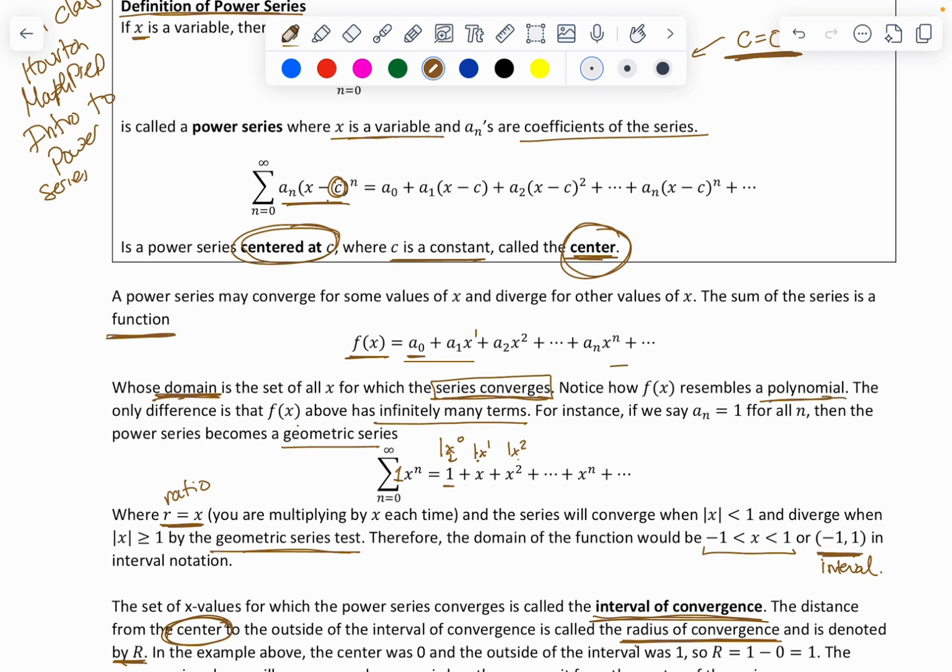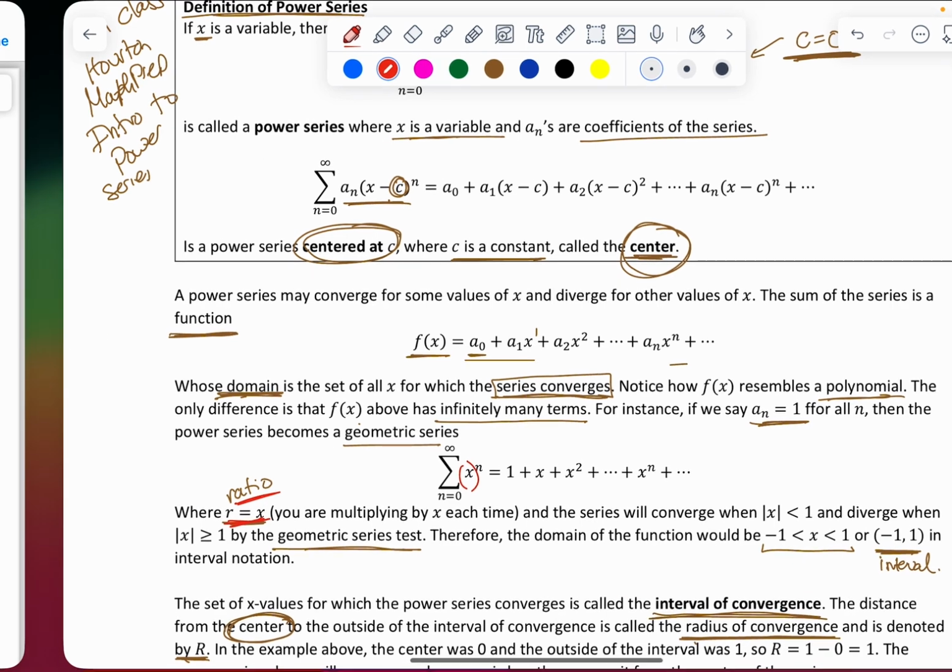Okay? So if we say a_n is equal to 1 for all n, then the power series is basically a geometric series. When you have a geometric series, you have a ratio. In this case, that geometric series has a ratio of x because you are multiplying by x every time, which is what makes it geometric or exponential.